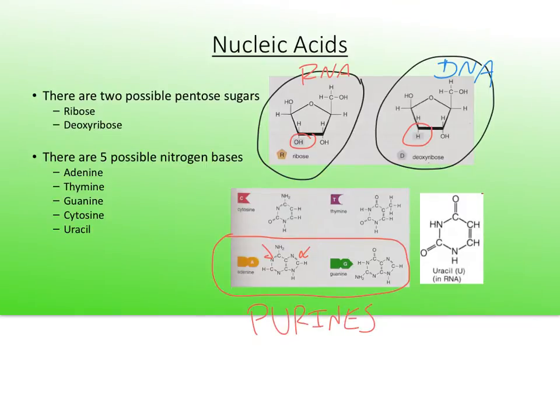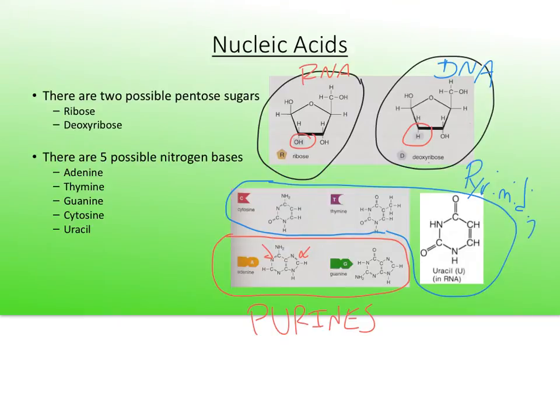Now if you look at the other ones, cytosine, thymine, and then uracil, they have a single ring structure. And these single ring guys are called pyrimidines. So we've got purines and pyrimidines.